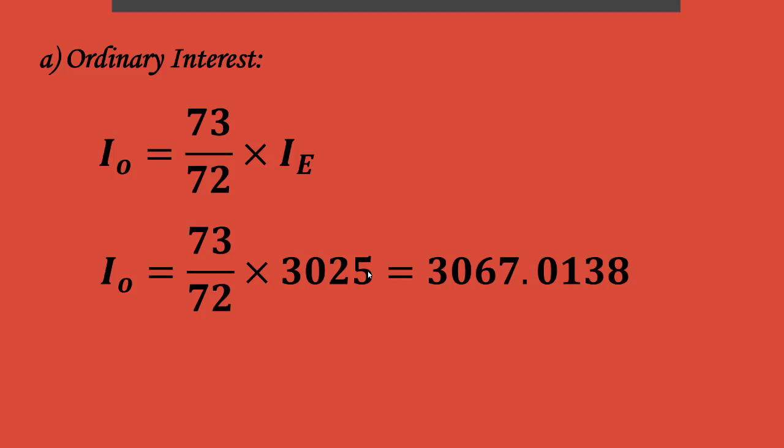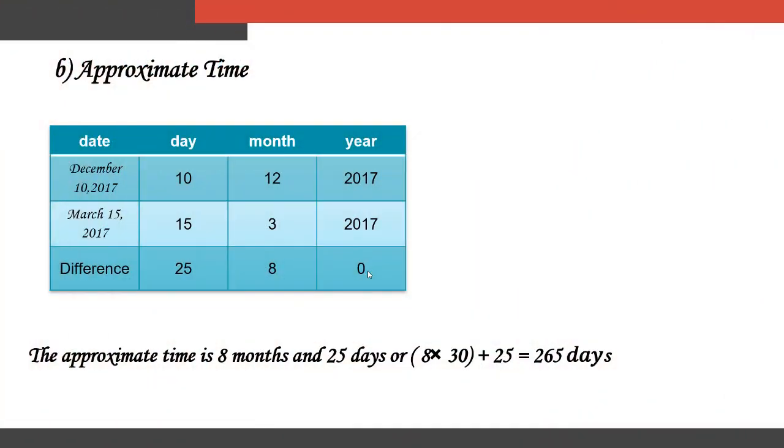So I ordinary equals 3067.138, and we calculate the time from March 15, 2017 to December 10, 2017, which is equal to 8 months 25 days. So the approximate time in days equals 265 days.